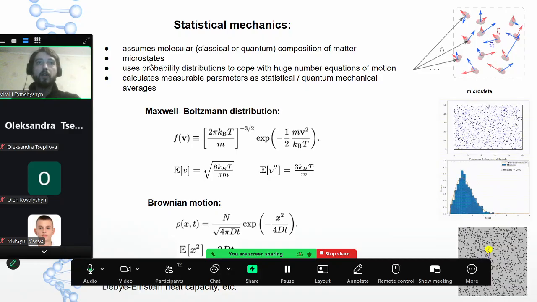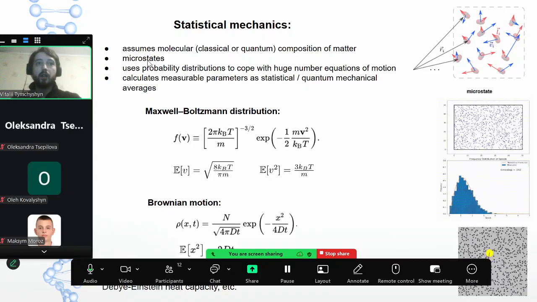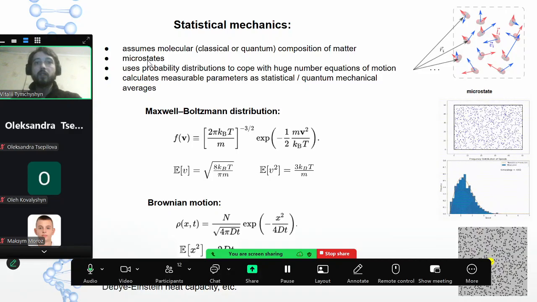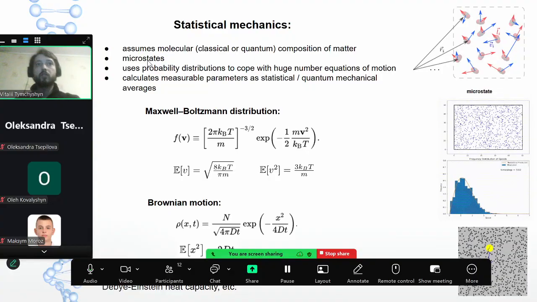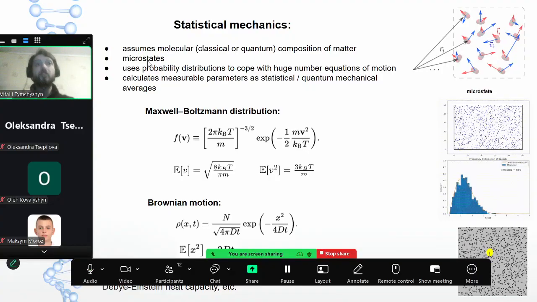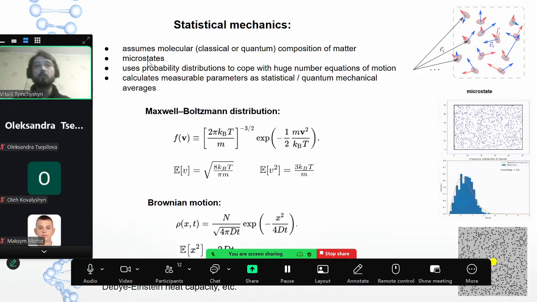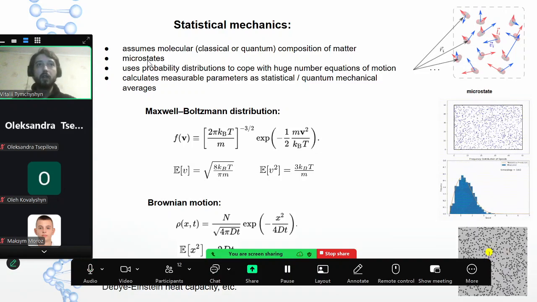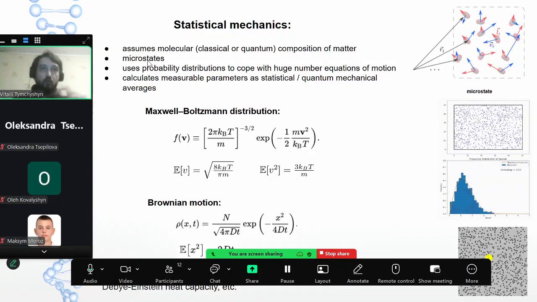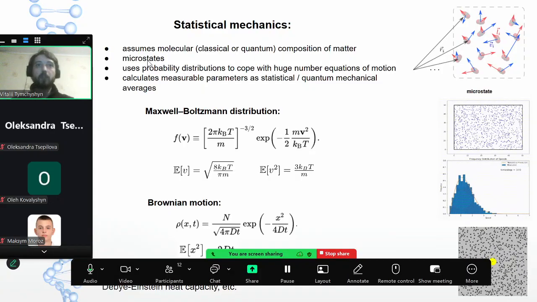Second, it operates with microstates. So we have different microstates in the system. So one microstate is, let's say, how you have positioned all your molecules in the system, and you have given them some sort of velocities, and so on and so forth.